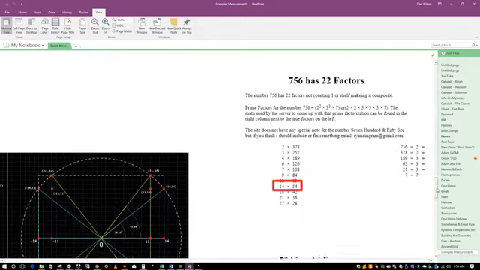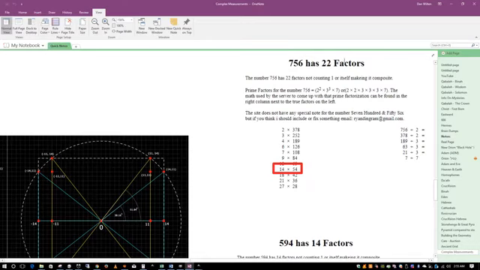So we have two different types of circles. We have one that has factors of 14. So if you notice the 756 circle, the larger circle has 22 factors, but it has 14 as a factor, where the 594 circle, which squares it, is an 11 circle. Okay, so it has an 11 factor in it. So when we put the 594 inside the 756, then we naturally have something that we can plot.